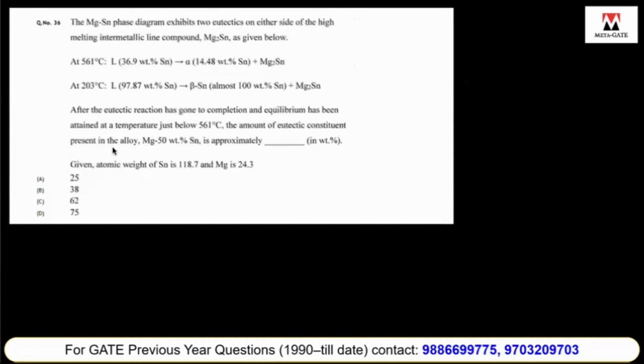The magnesium-tin phase diagram exhibits two eutectics on either side of the high melting intermetallic compound Mg2Sn at 561 degrees centigrade. The liquid is 36.9 weight percentage of tin, alpha is 14.48 weight percentage of tin, Mg2Sn is 70.95, and beta tin is almost 100 weight percentage.